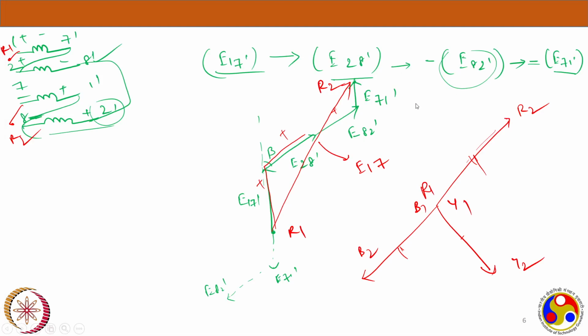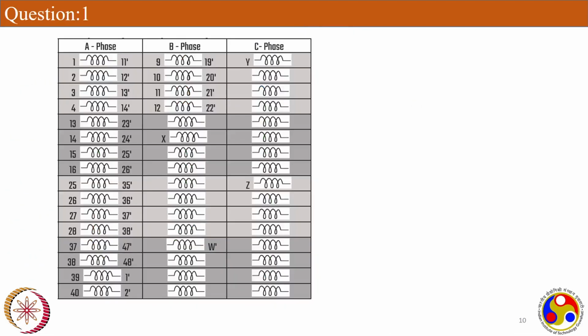Now let's proceed further and look at our question and how we can solve it. I want every one of you to be attentive and answer the questions looking at the winding diagram. I'm telling you, it's a very easy number game. Even just looking at the diagram itself, you can conclude many points.